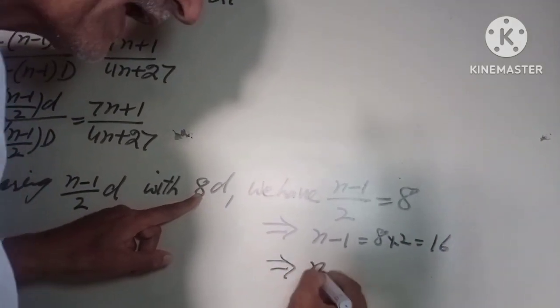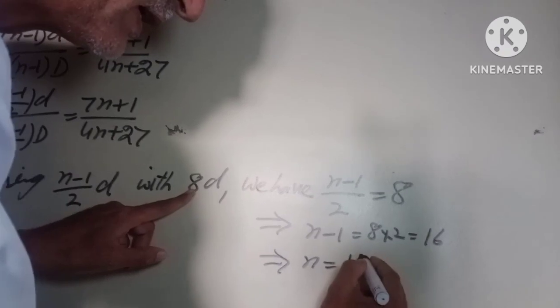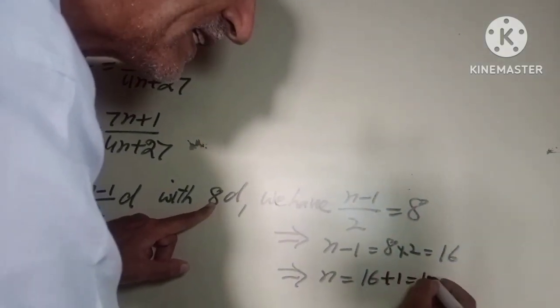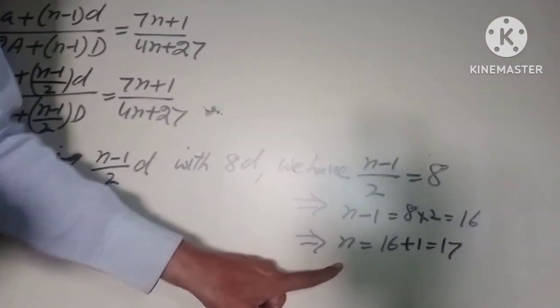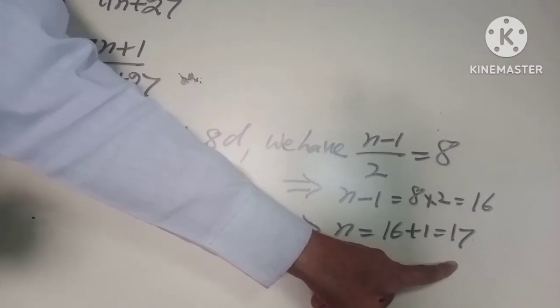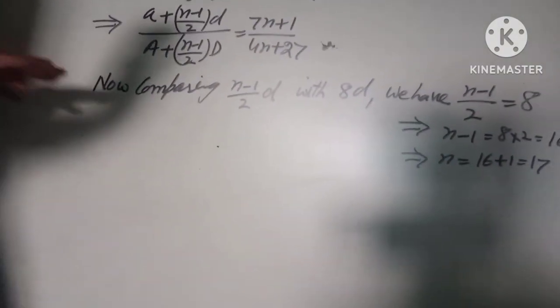This means n is equal to 16 plus 1, that is 17. So you got the value of n. n is 17. This solves your problem to a large extent.